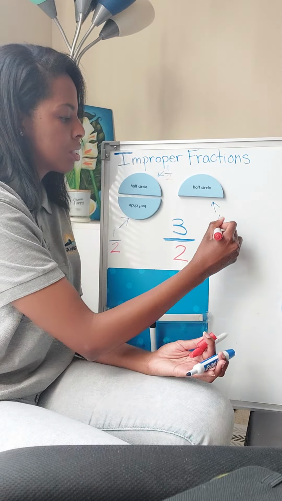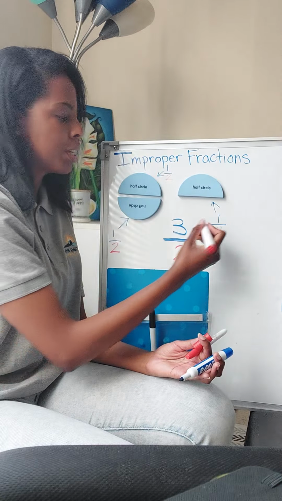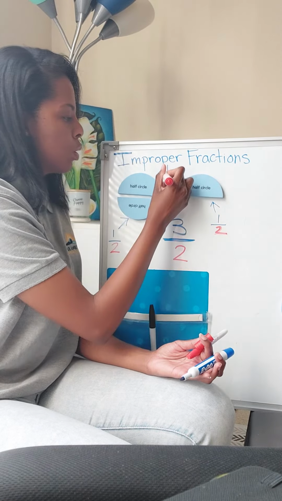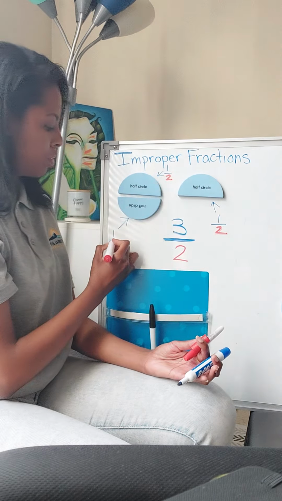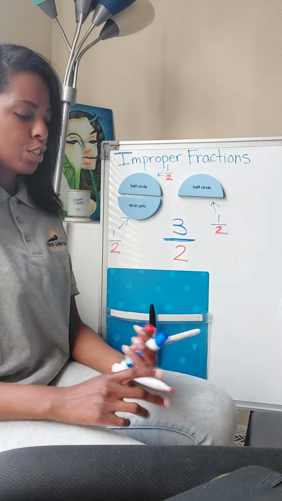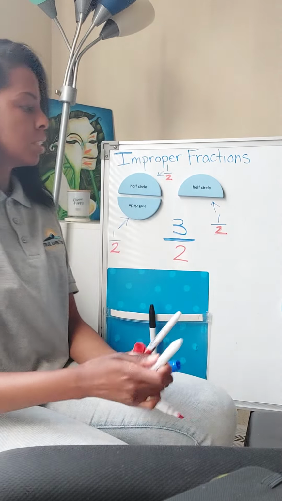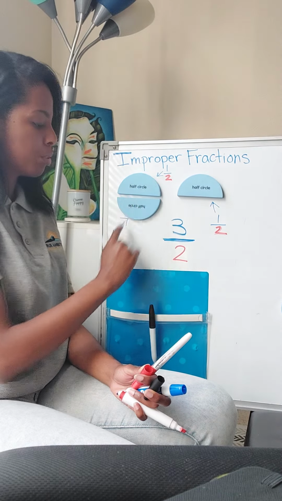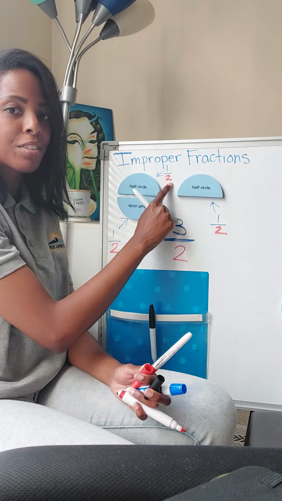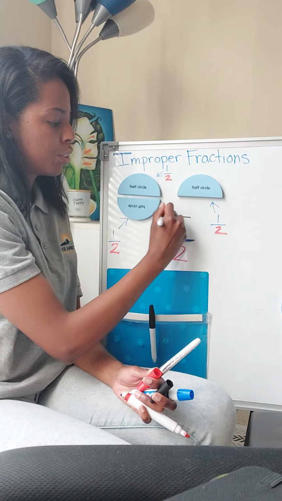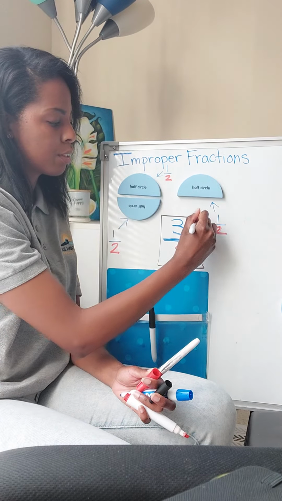As you can see, I'm color coding everything so that you can track and see where each of the numbers comes from. So when we add up 1/2 plus another half, you'll get 2 halves, plus another half, you'll have 3 halves altogether.